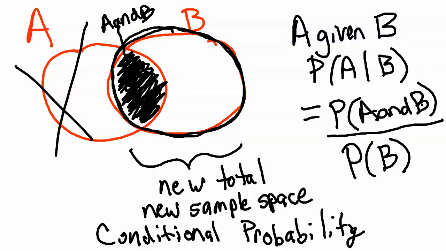And I guess while we're here, I'll just do another example. Let's say we have a deck of cards. And we know we have 4 suits.